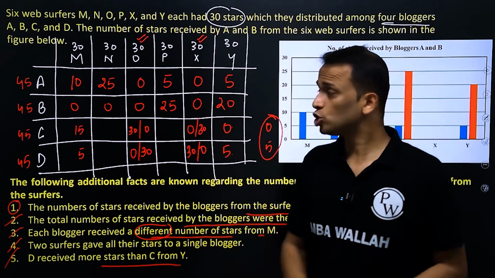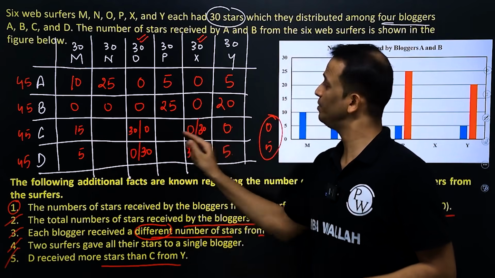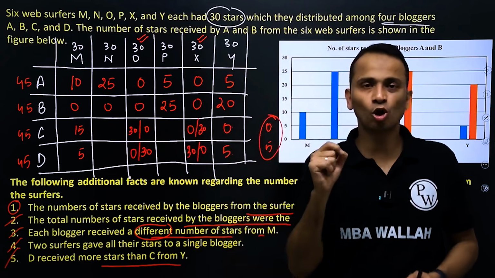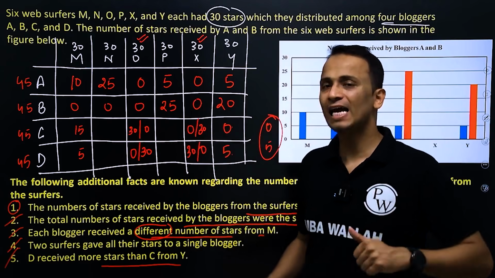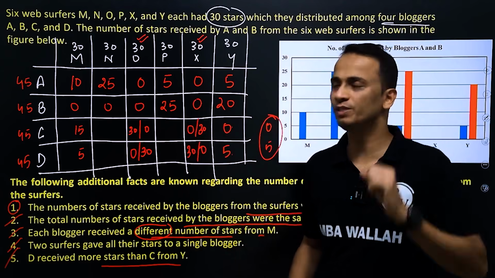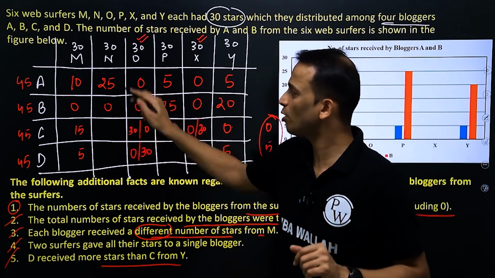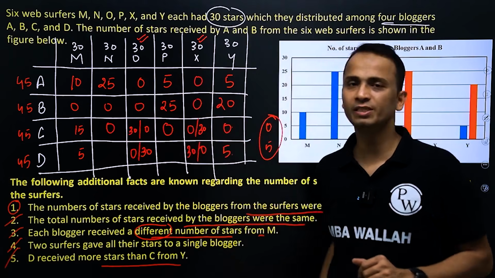Also, if 15 has already come to C and 30 will be one of these 2 values, 15 plus 30 is already 45. Done with the quota. So that means at the remaining places, it has to be 0. So 0 is the number of stars received by C from N as well as from P. So these 2 numbers will be 0.